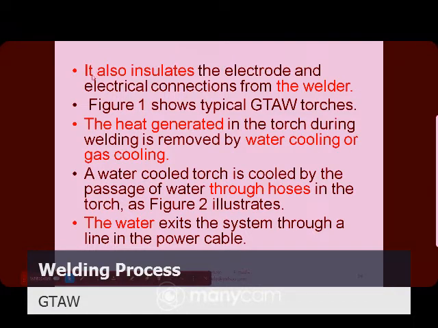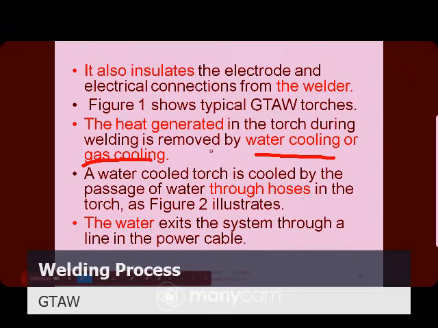The gas tungsten arc welding torches also insulate the electrode and electrical connections from the welder. It has a plastic cover which is used as the insulator. The heat is always generated in the torch during welding. It must be removed by what? By water or by gases.